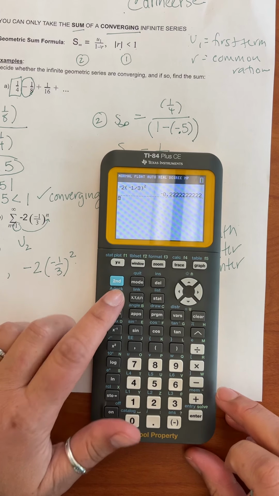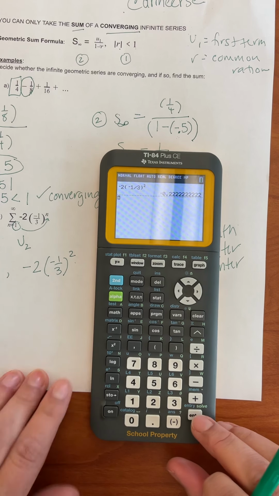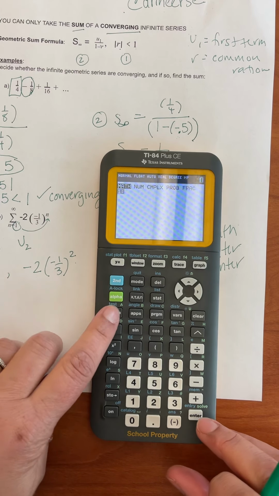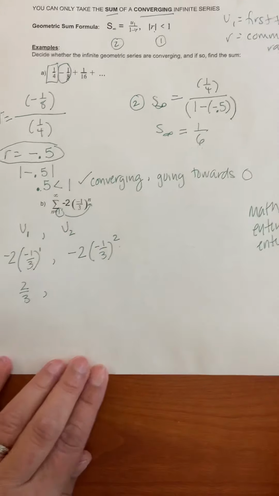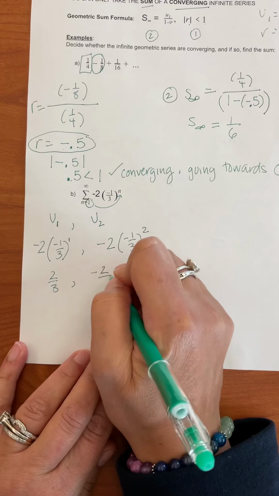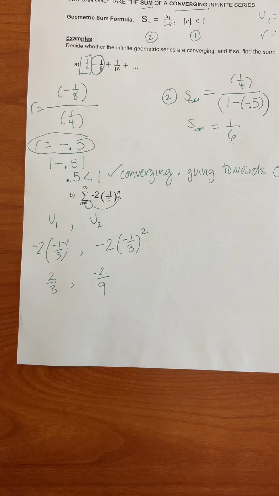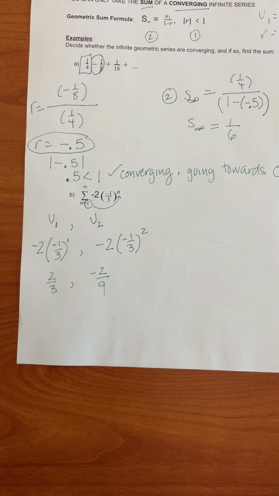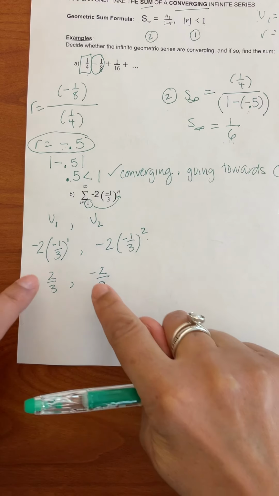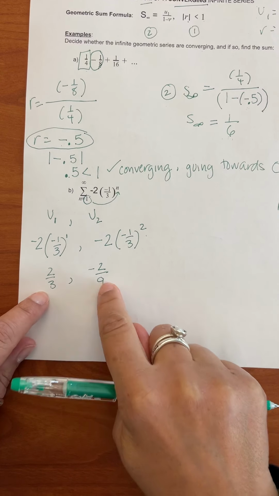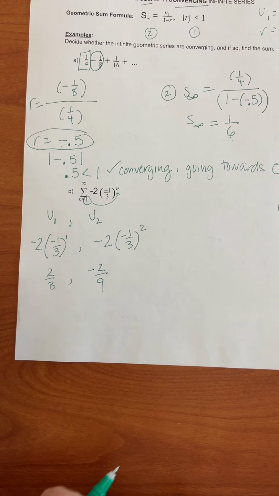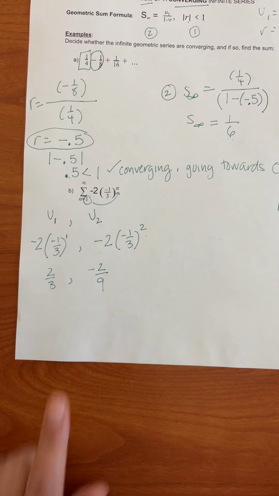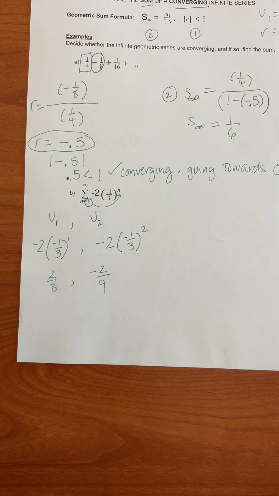So I'm going to press math, enter, enter, and I get -2/9. So changing it from that decimal to that fraction helps you get the exact answer. If you use the decimal and round it, you're going to be off in your answer. It's only an approximation, so that's why I want you to change it to that fraction.